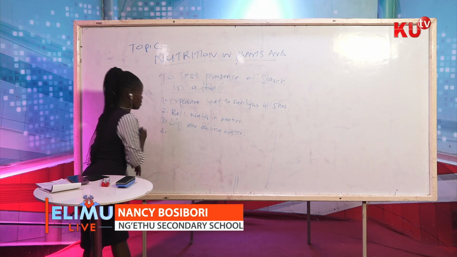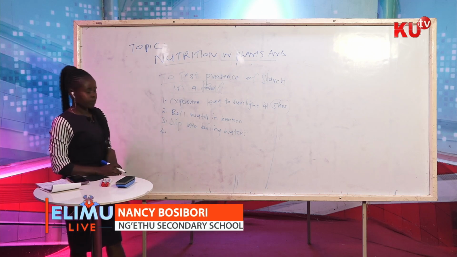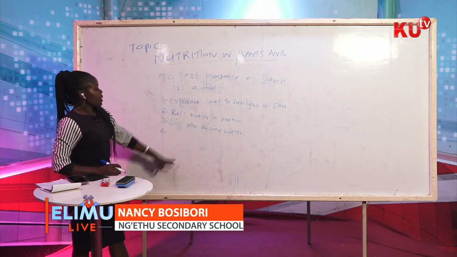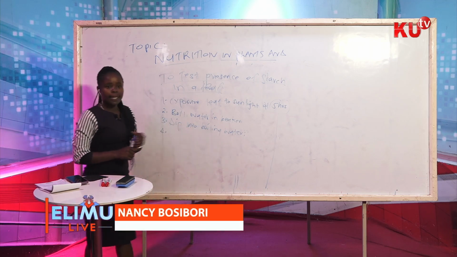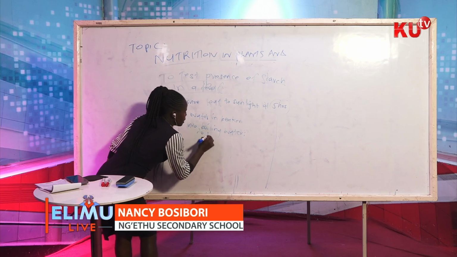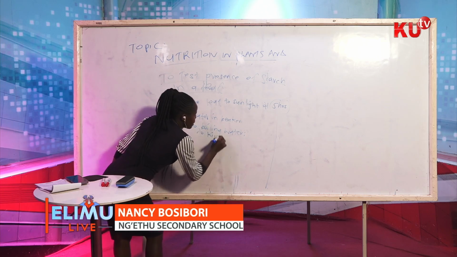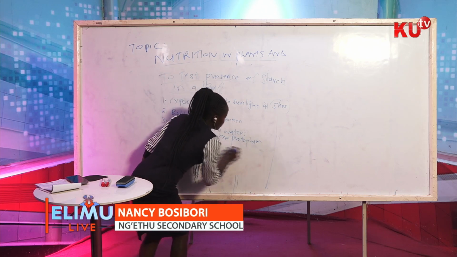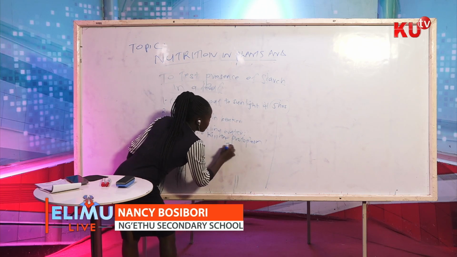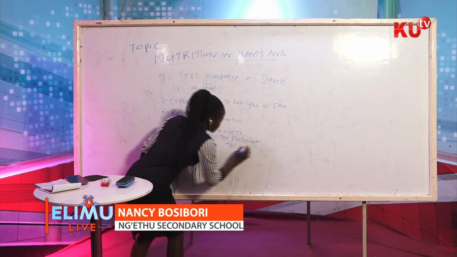The reason why you are dipping your leaf in the boiling water is to kill the protoplasm, that is, to kill the leaf cells.